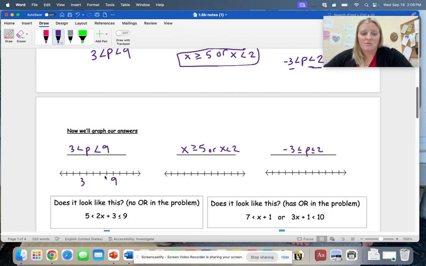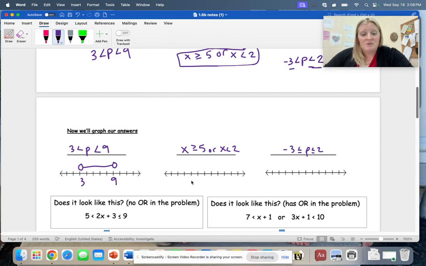And it doesn't matter how far apart they are. You can do that how you'd like. 3 should have an open circle because it's not underlined, and neither is 9. And then just like X is in between 3 and 9, that means you want to circle all numbers between 3 and 9 or shade all numbers between 3 and 9. Okay, so that's your graph.